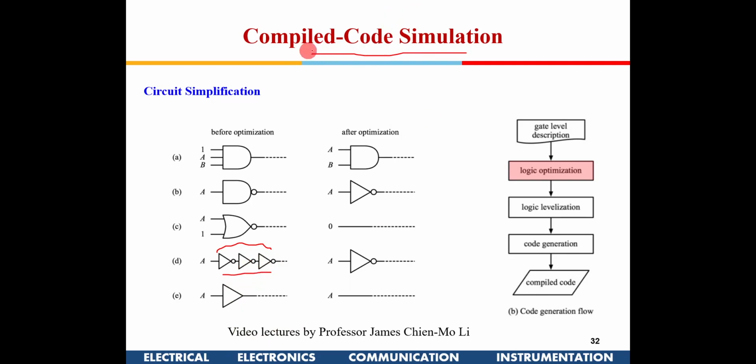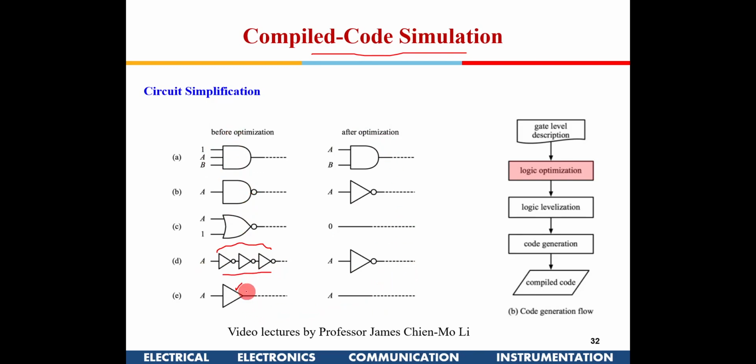Now you have to understand that when you are doing compiled code simulation, you are giving a lot of test vectors and it is a time consuming process. So although this may actually be required in the final circuit, at the initial stage, since I am not doing a timing analysis, all these things can be simplified. So there is a buffer.